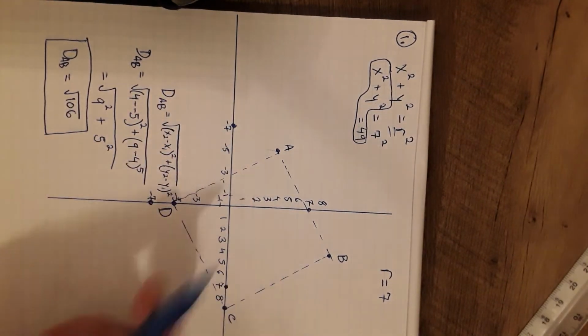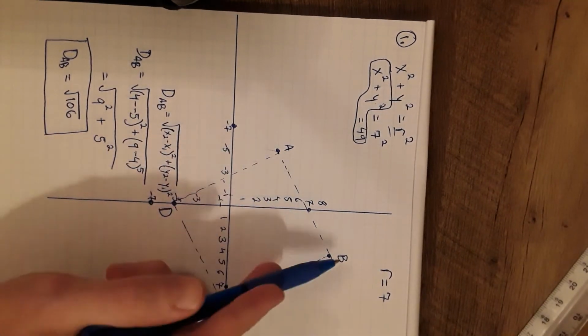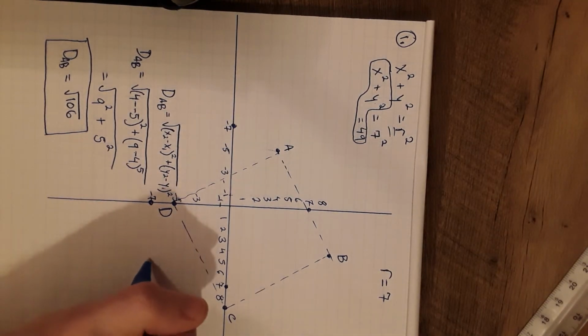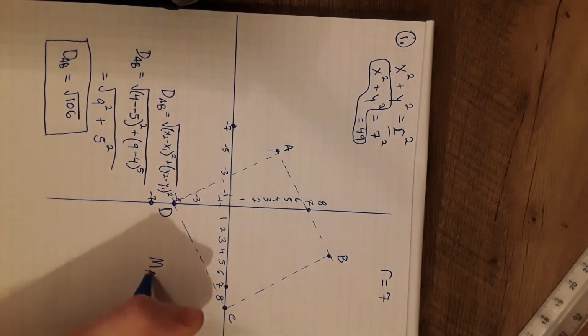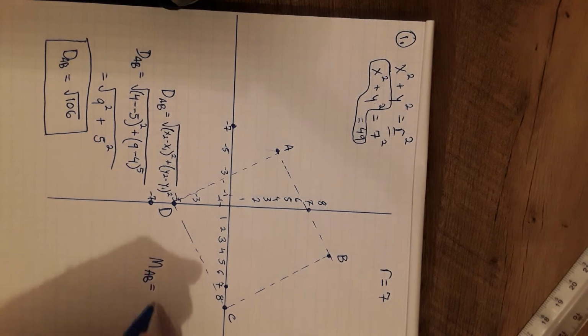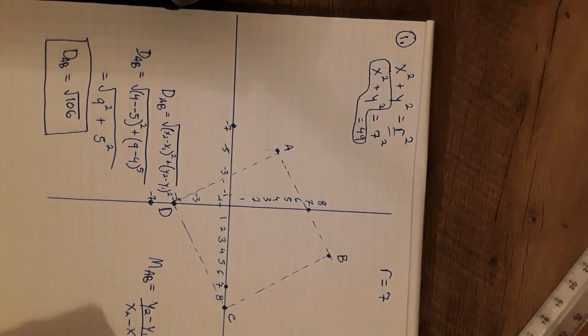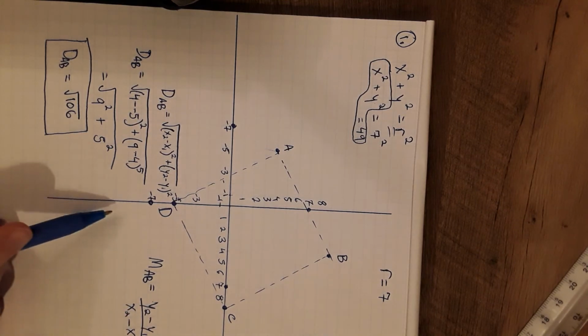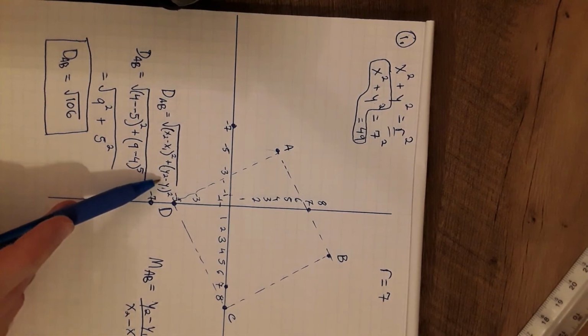So we'll do the slope of A to B. So the m, or slope of A to B, is y2 minus y1 all over x2 minus x1. So we already have these values, which is kind of interesting.